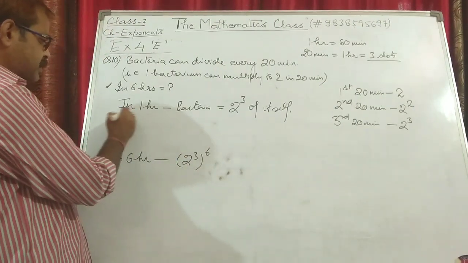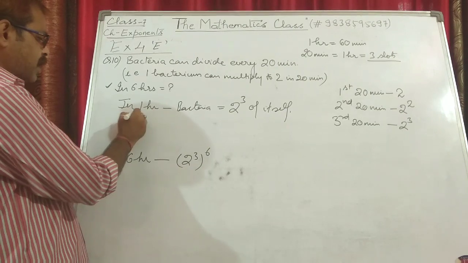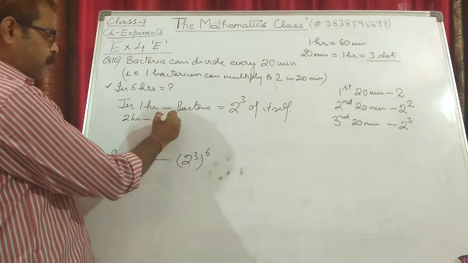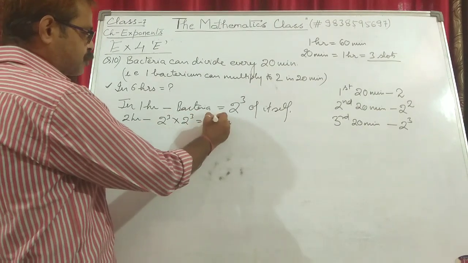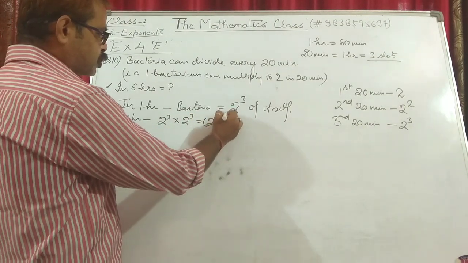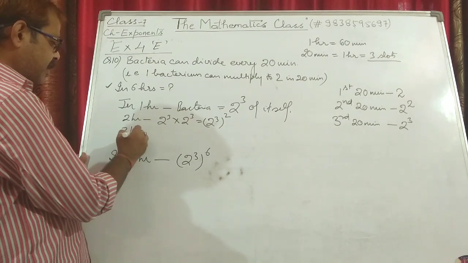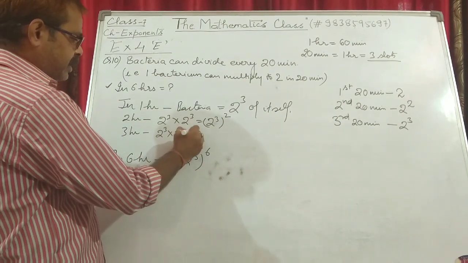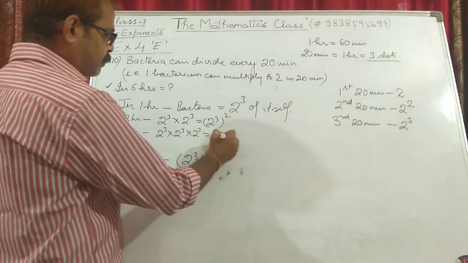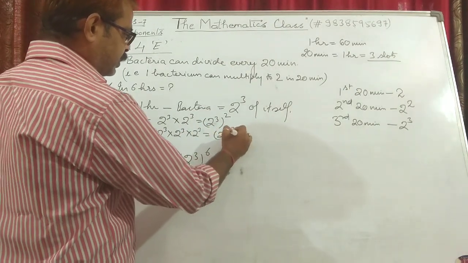How? Here I am trying to explain. In 2 hours it will become 2 to the power 3 into 2 to the power 3. That can be written as 2 to the power 3 square. In the third hour it will become 2 to the power 3 into 2 to the power 3 into 2 to the power 3. That will be 2 to the power 3 whole power 3.